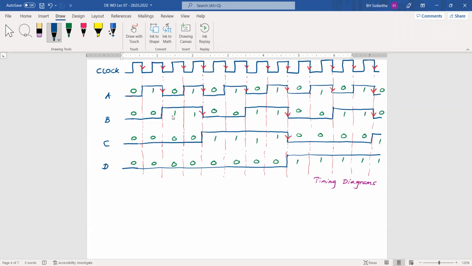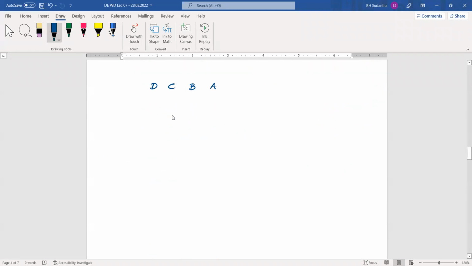B0, C0, B0, AC. Second one, 0, 0, 0, 1. Third one, 0, 0, 1, 0. If you write these things in a table like this, the initial one is 0, 0, 0, 0. The second one, 0, 0, 0, 1. 0, 0, 1, 0. 0, 0, 1, 1.